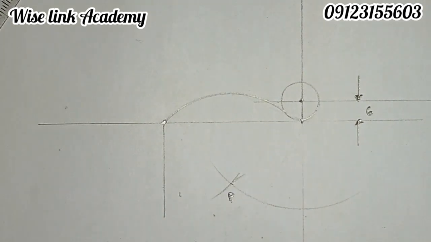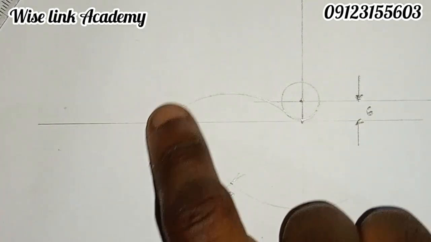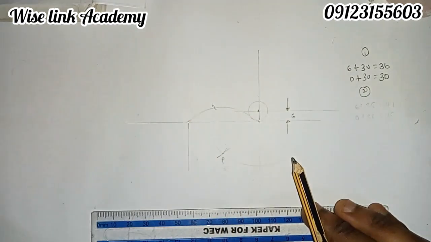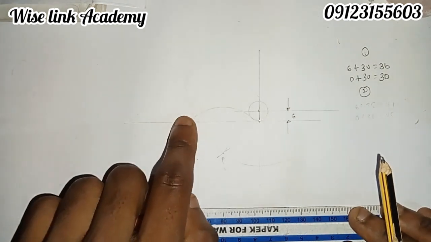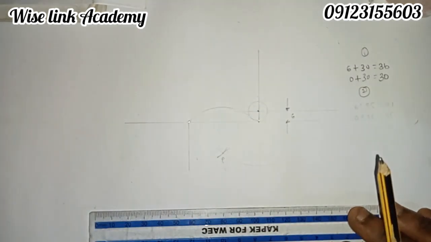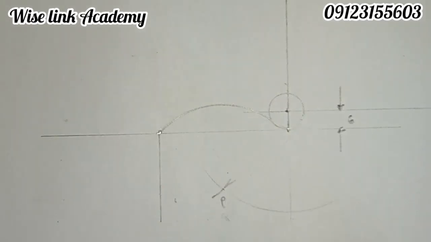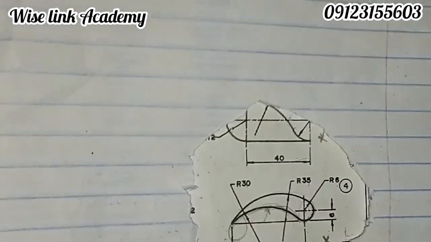So the next thing to do is what? After I've successfully drawn this arc here, the next thing to do is to draw out the second arc upward. Let me show you. The second arc upward, that is this arc you are seeing here.